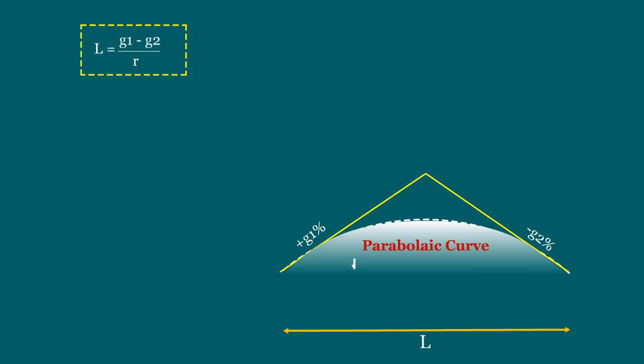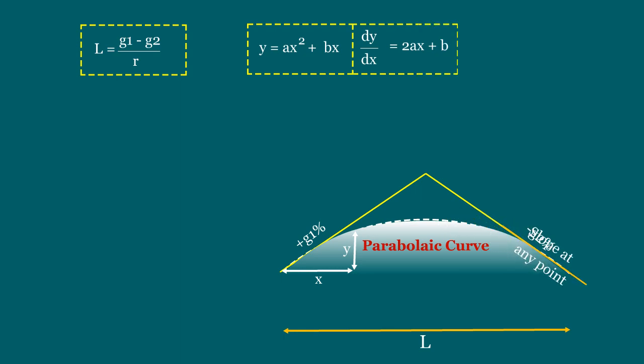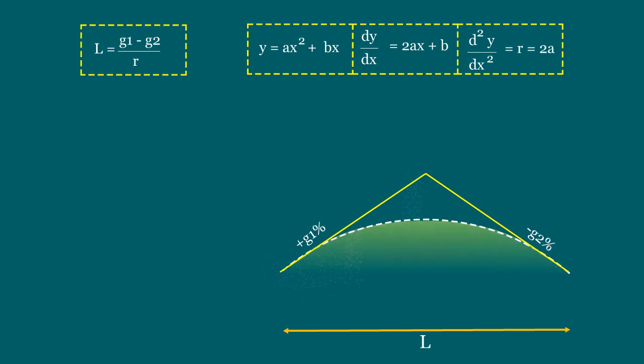The general equation of a parabola with a vertical axis is y = ax² + bx. The slope of the curve at any point, that is, dy/dx equals 2ax + b. And the rate of change of grade r equals d²y/dx², that equals 2a. And this 2a is a constant.